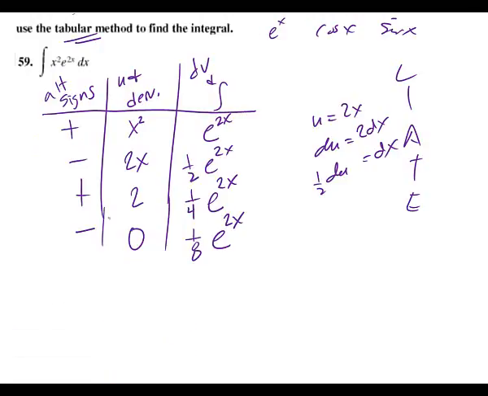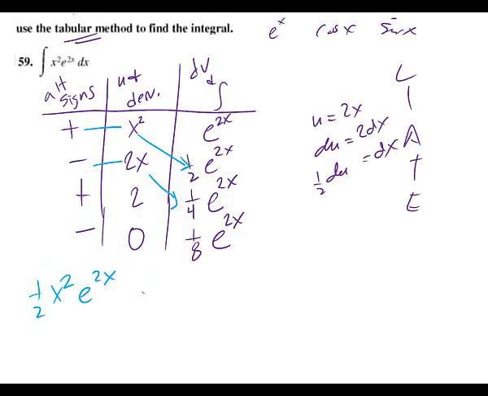Remember on this piece, we read across, then down. We're multiplying what on the diagonal there? I know it's a positive x squared times 1/2 e to the 2x. Then we go across and then down.